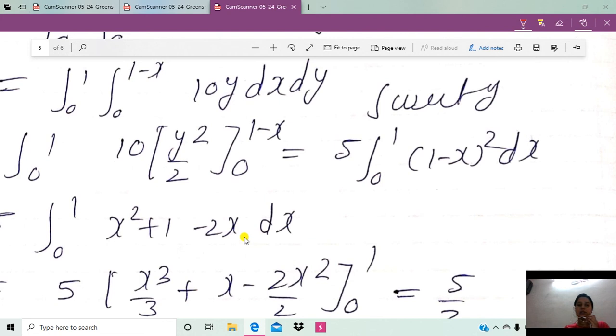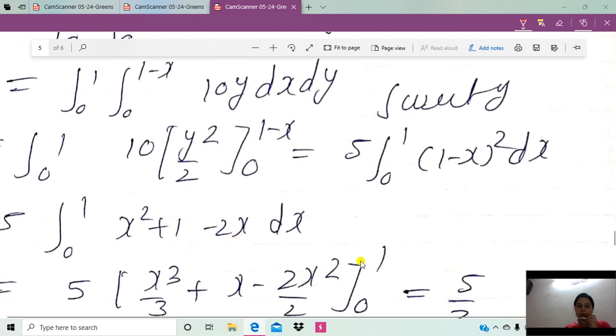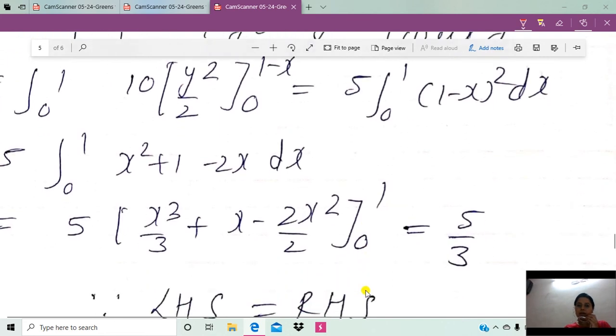And when we integrate it with respect to x, it will be x cube by 3 plus integration of 1 will be x minus 2x square by 2, multiplied by 5. And when we apply upper limit minus lower limit, the value of the integration is now 5 by 3.